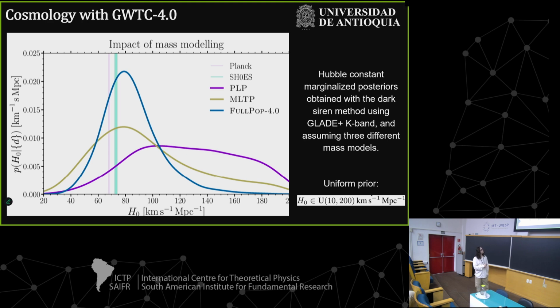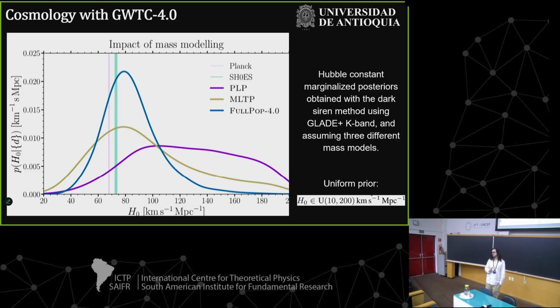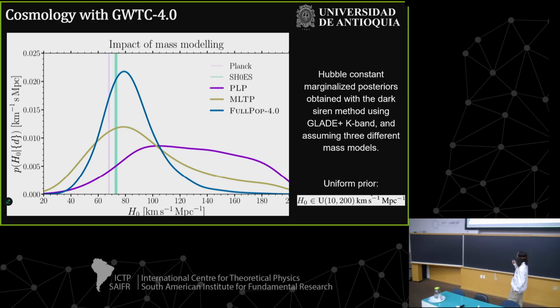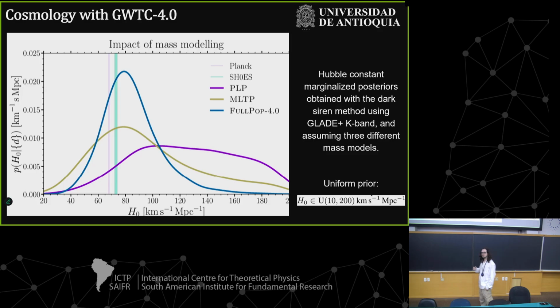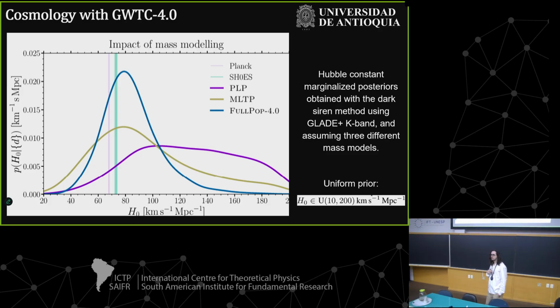But for the multi-peak and power law peak here, you only take the 137 binary black holes. So that's another important difference that I forgot to mention. So it's difficult to compare this, also because the mass models don't span the same mass ranges for all the cases, so it's not easy to compare them.